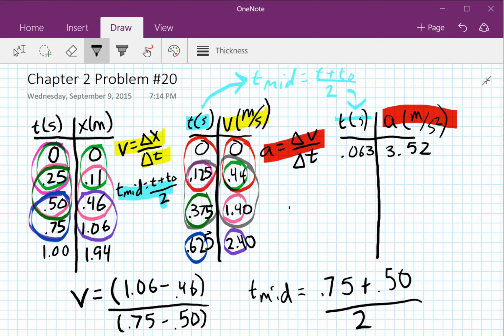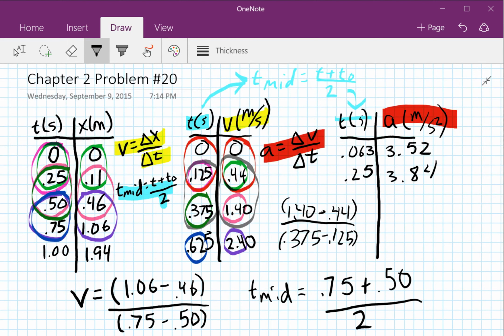You get a value of 3.84, and the time is 0.375 plus 0.125 divided by 2, and you get 0.25.